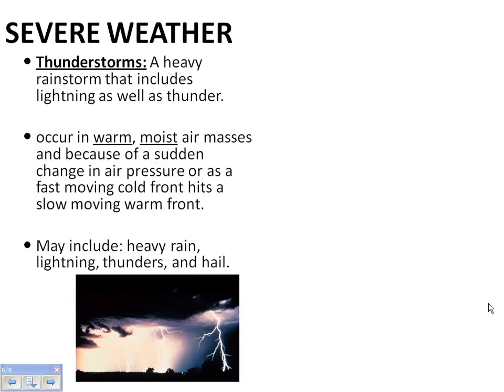When this happens, we get heavy rains, lightning, thunder, and hail. So basically, we have a lot of moisture in the air, and it condenses very fast and comes back down as a storm and rain.